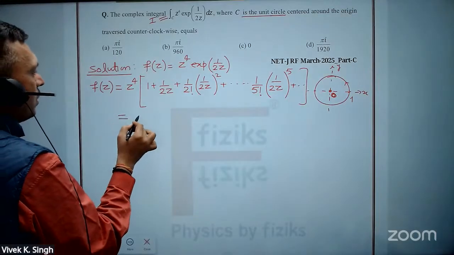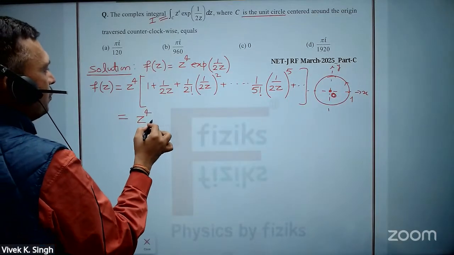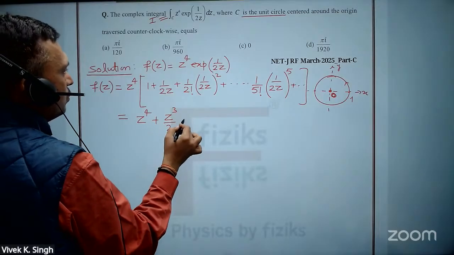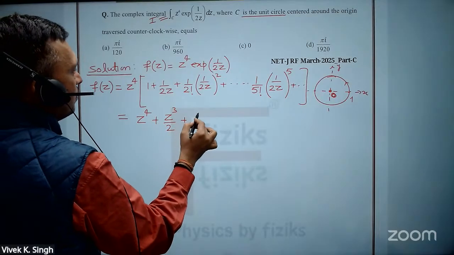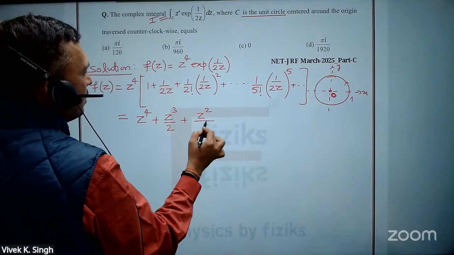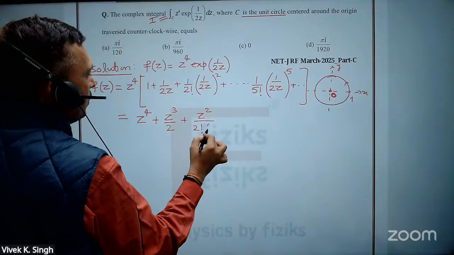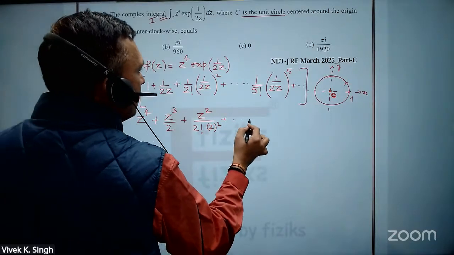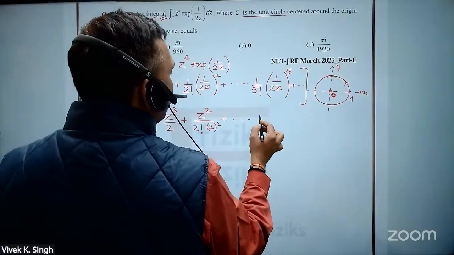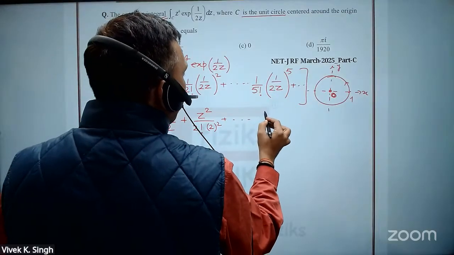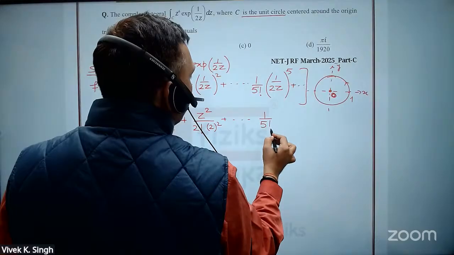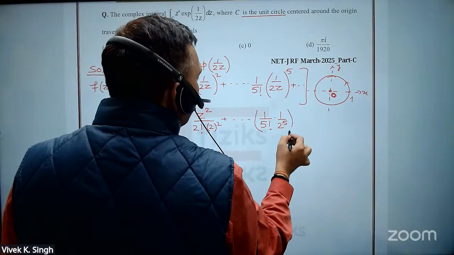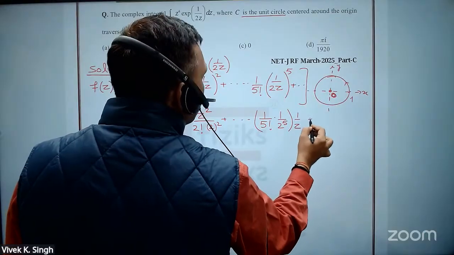This is z power 4 plus z cube by 2, plus z square by factorial 2 whole square, and so on. So what you will get here: 1 by factorial 5 into 1 by 2 power 5, and this will be 1 by z plus other terms.